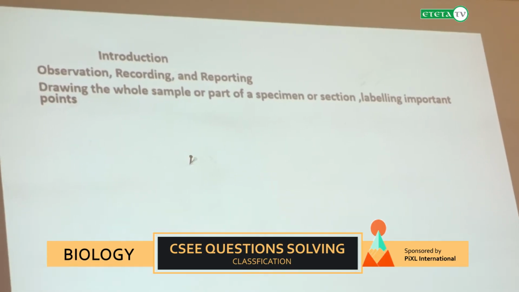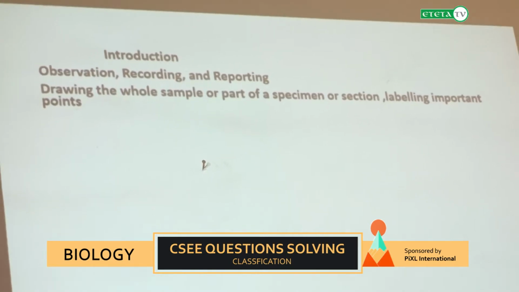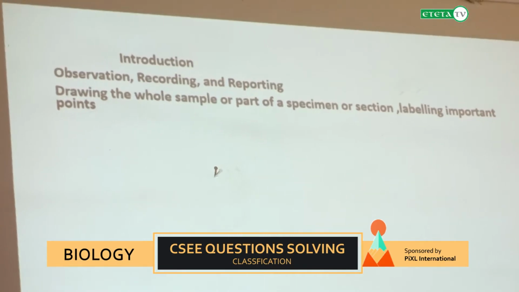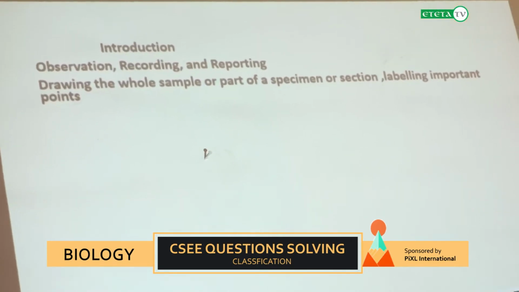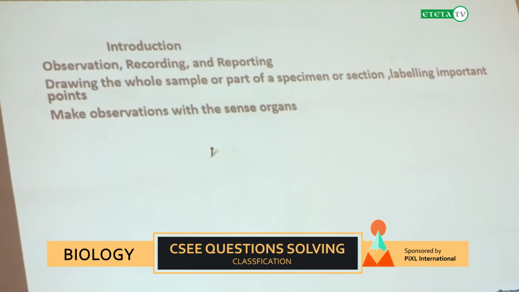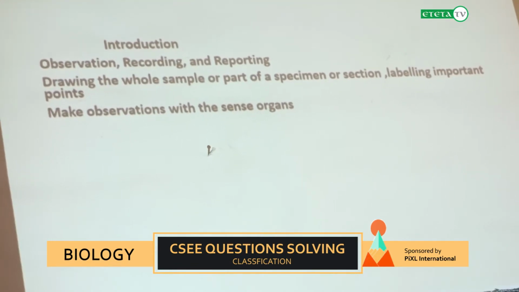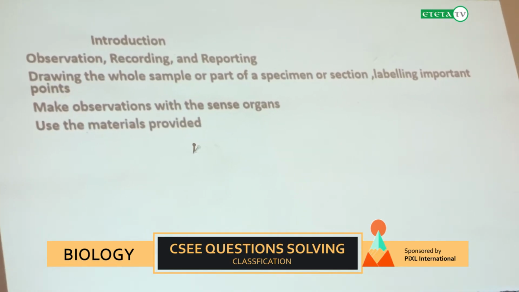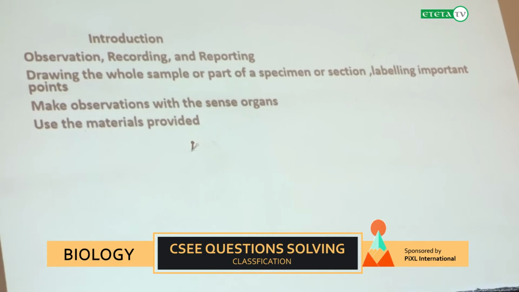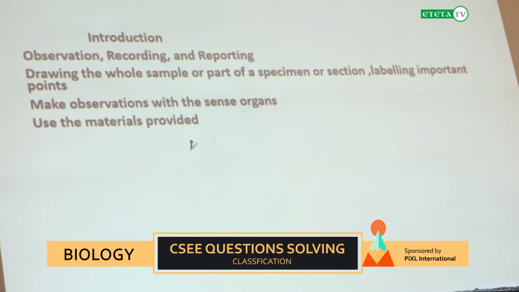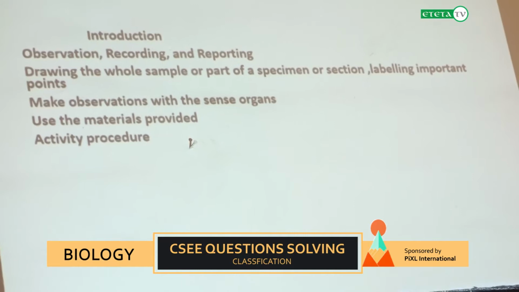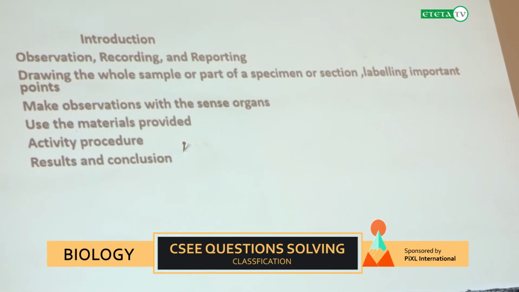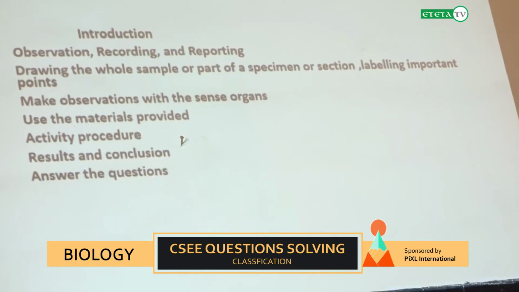If I'm asked to draw, make sure that you draw the whole specimen or part of the specimen, and then you label the important points which are required. Make the observation with your sense organs, and also use the materials provided. The materials provided in the examination are the only ones you can use. Conduct the activities and procedures, and also record results and conclusion, and then answer the questions.